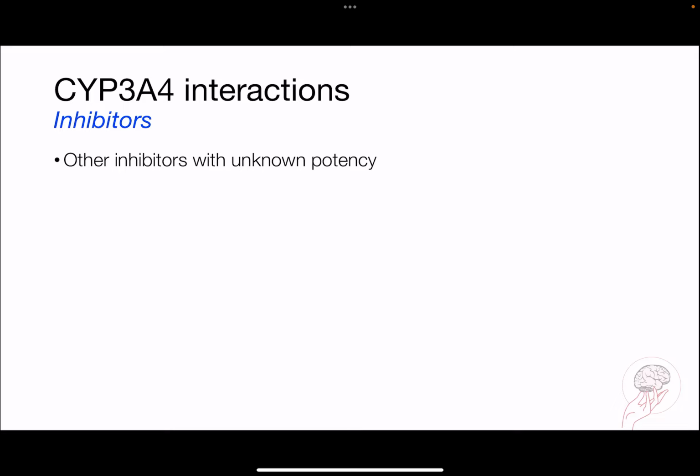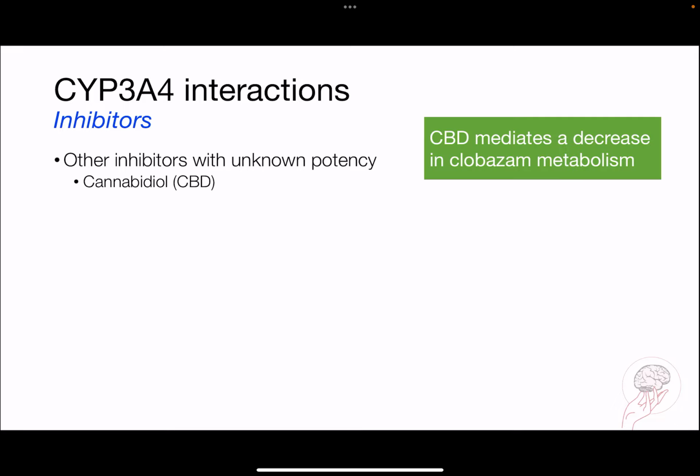So there are other inhibitors besides grapefruit juice with unknown potency. One is cannabidiol or CBD. CBD also can decrease clobazam metabolism, and clobazam is an anti-seizure drug.